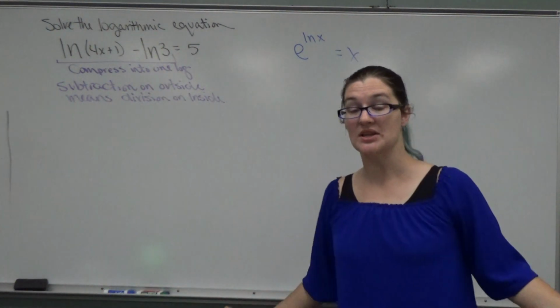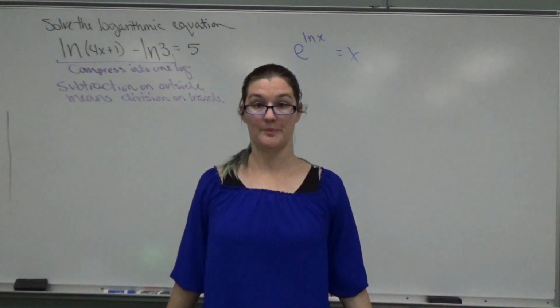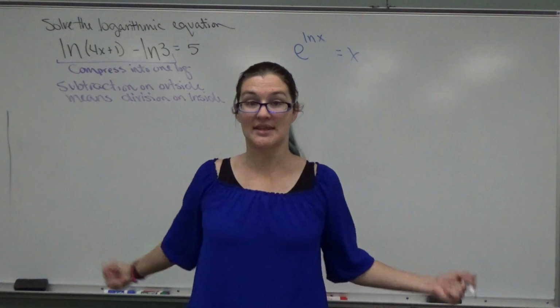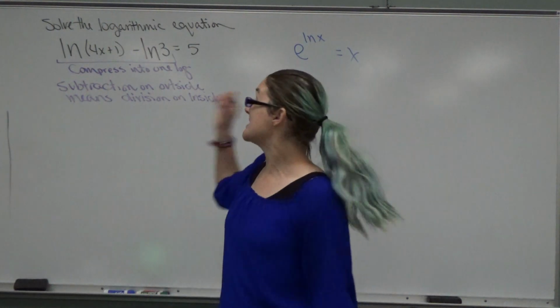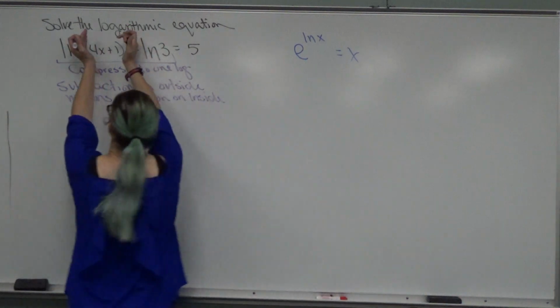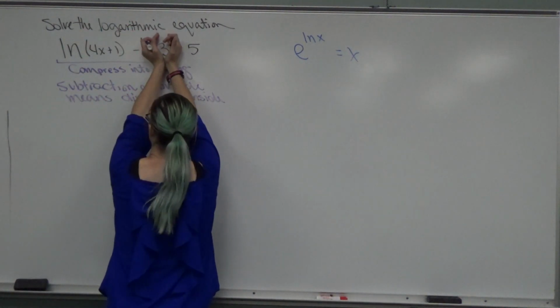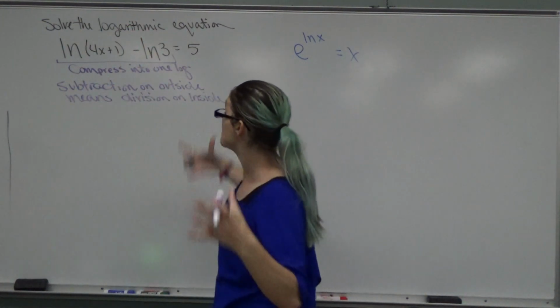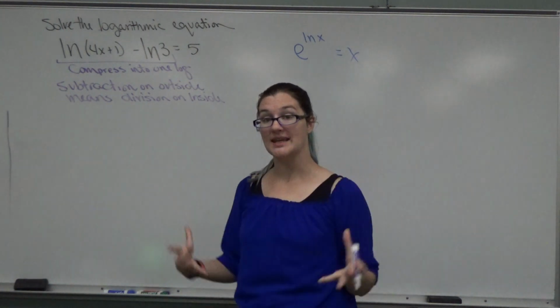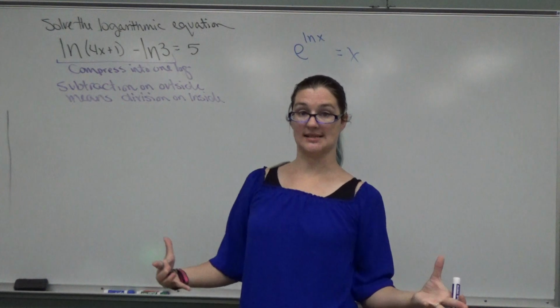If the division was on the outside, there's nothing we can do. If the subtraction was on the inside, there's nothing we can do. But since the subtraction is on the outside of the logs, meaning not inside of it, it is in front of a log between the two logs, that can become division on the inside of the parentheses.